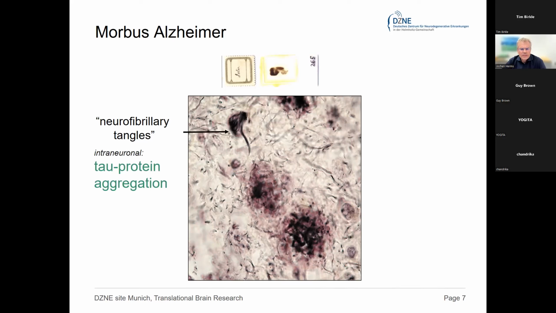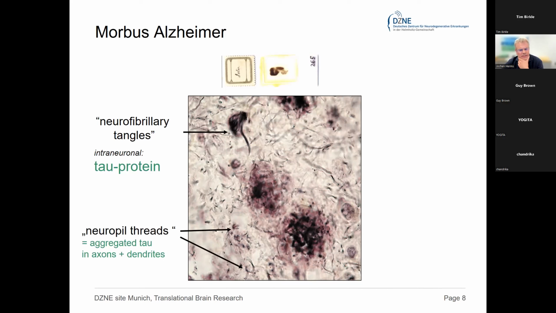And in addition, he saw all these small things, which are so-called neuropil threads, which also consist of phospho-tau within axonal dendrites, and then the senile plaques.